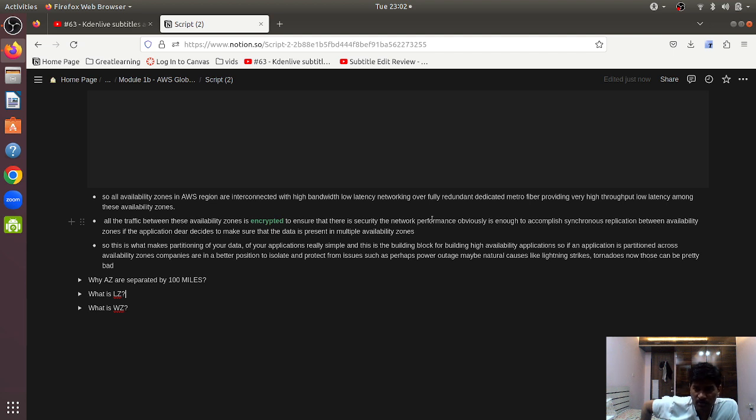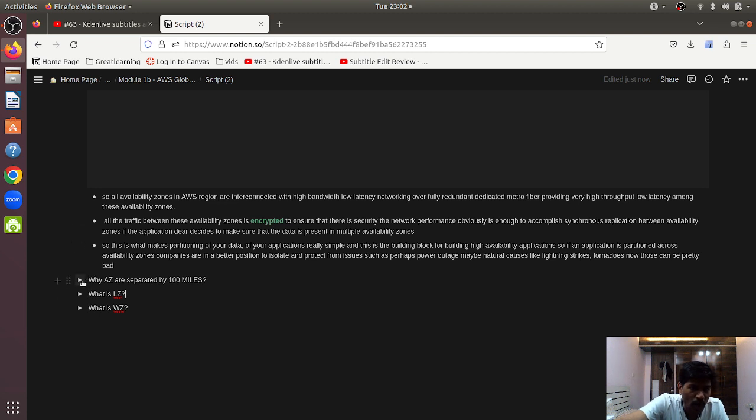If an application is partitioned across availability zones, companies are in a better position to isolate and protect themselves from issues such as power outages, maybe natural calamities, tornadoes. Now those can be pretty bad, right?